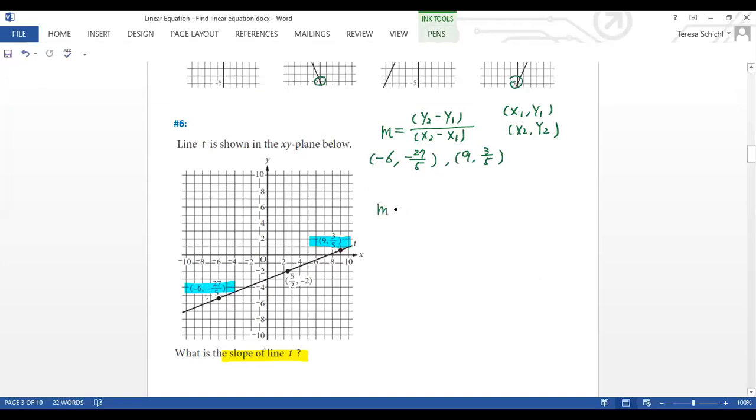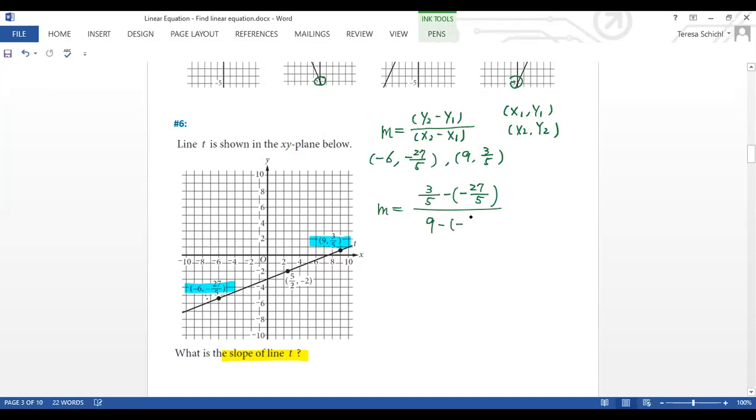So my slope is equal to the rise over run, right? So it's y2 minus y1. This is 3/5 minus y1, which is -27/5. Another thing the SAT tries to test you on is to be careful about those negative signs. Don't make a mistake on those negative signs.